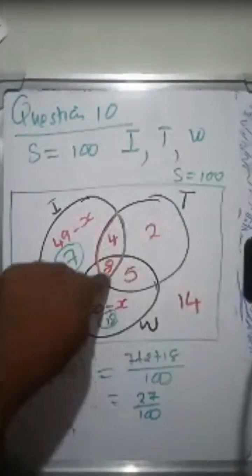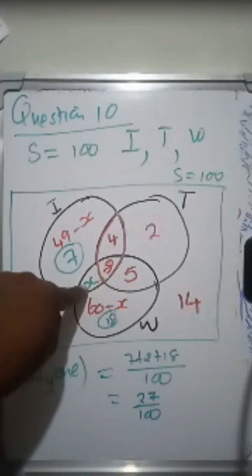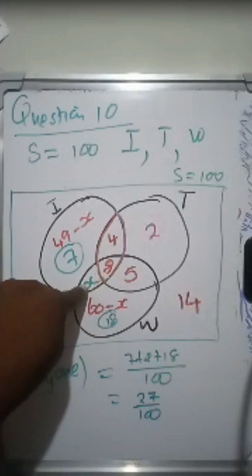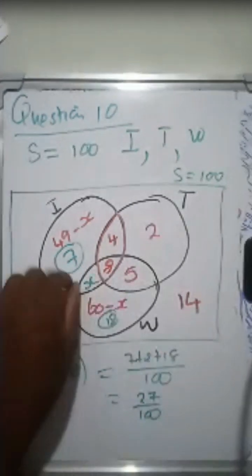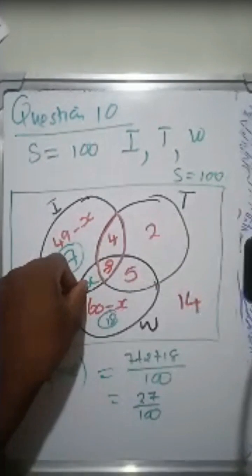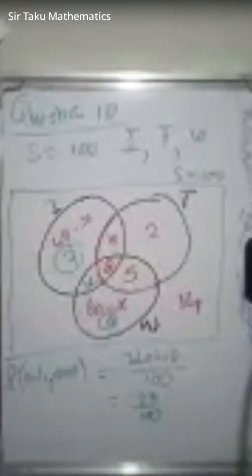These 8 use how many? All 3. All 3. These ones, X, use how many? 2. These ones are using 2. X, they are using 2. It's only Instagram and WhatsApp. Right?